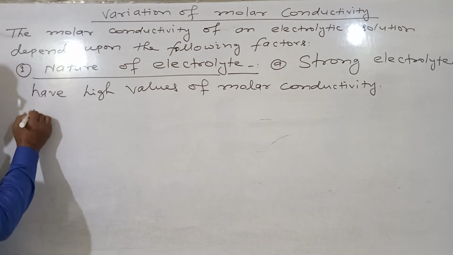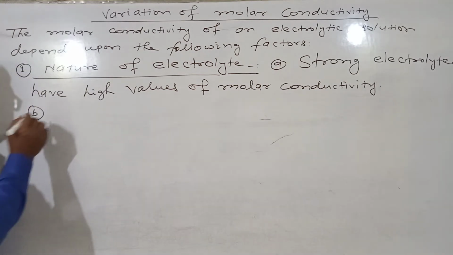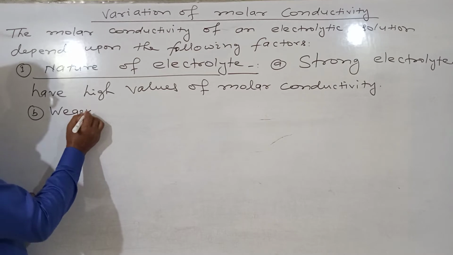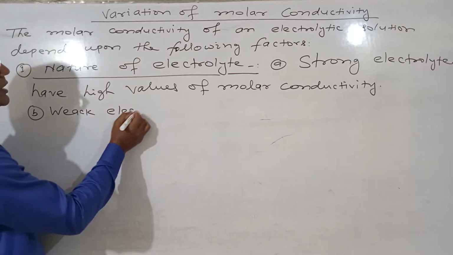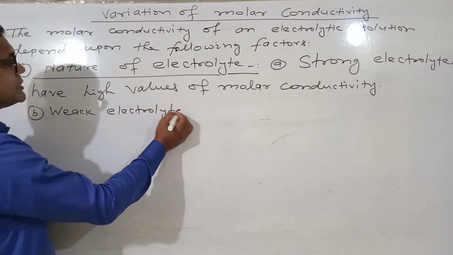Now we write point B, weak electrolytes.